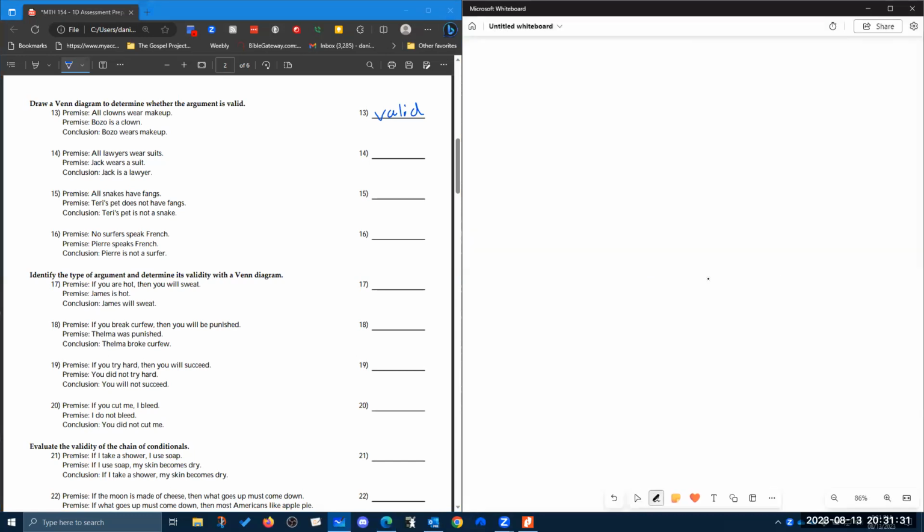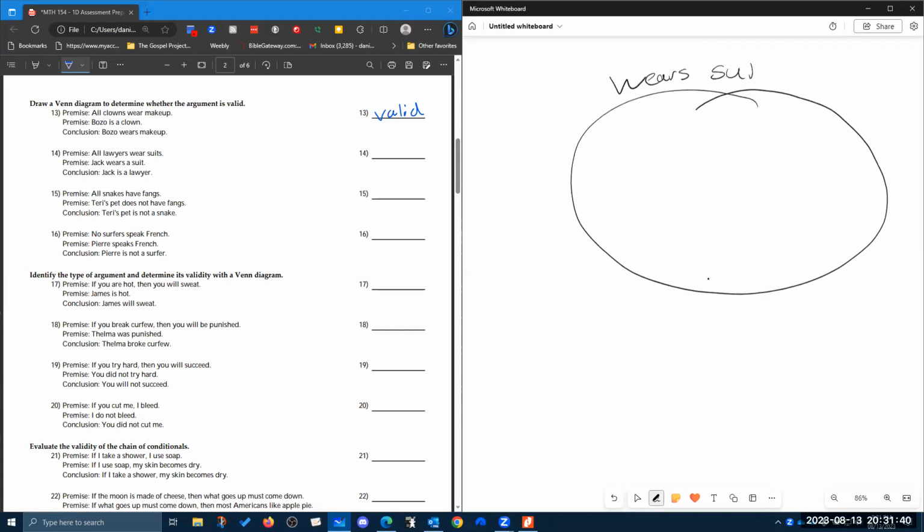So this is a valid argument. Next: all lawyers wear suits. Here's the set that wears suits, and lawyers are inside. Jack wears a suit. Therefore, Jack is a lawyer. So I'm going to put the X on the edge here.